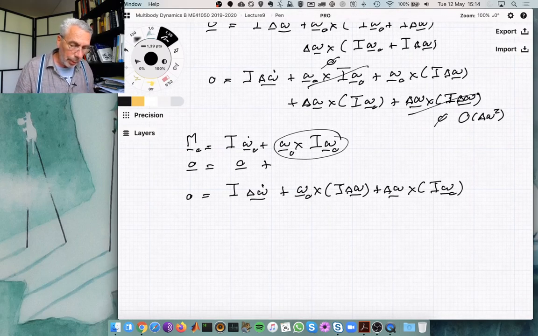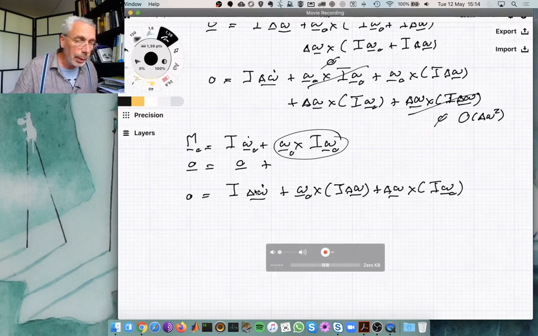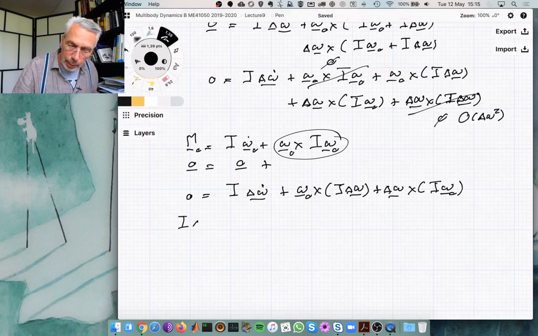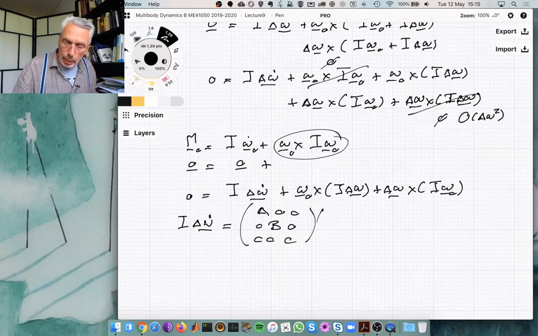Now we're going to rewrite that, of course. First of all, we're going to look at the first part, this I delta omega. How does that look? Well, in our case, that's rather simple, because we have this diagonal matrix A, B, and C. And for the delta omegas, I presumed to use, why don't we use alpha dot, beta dot, gamma dot?